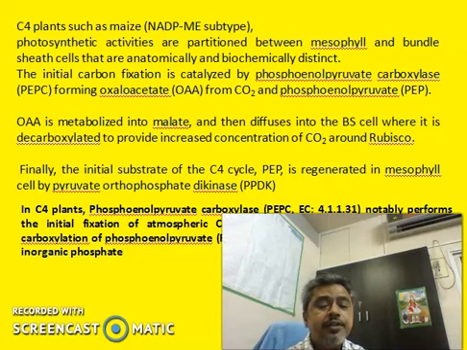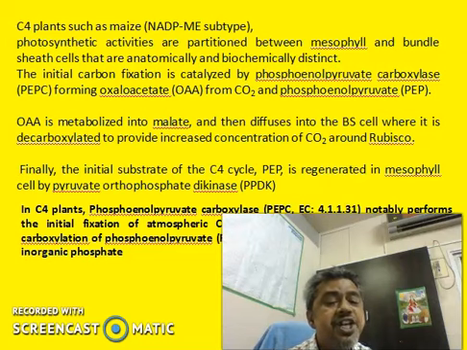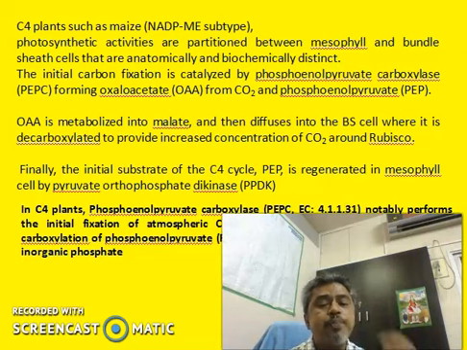Finally, the initial substrate of the C4 cycle, PEP, is regenerated in the mesophyll cell by PPDK. Now what do we mean by PPDK? Pyruvate orthophosphate dikinase.